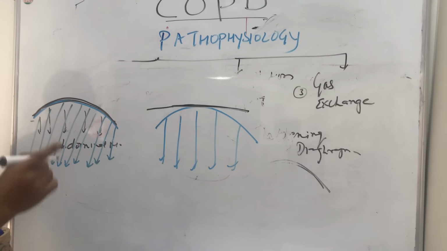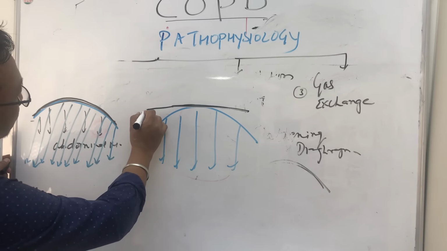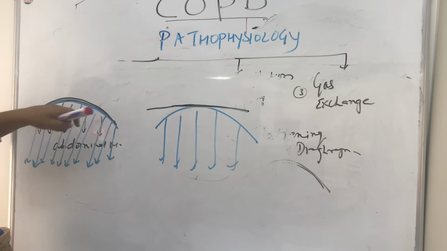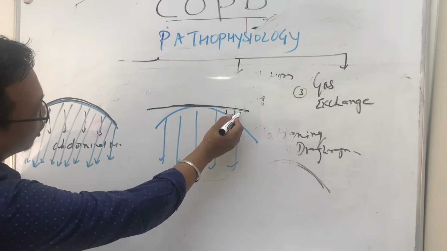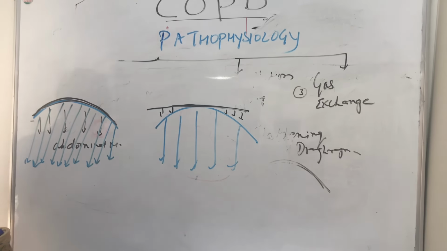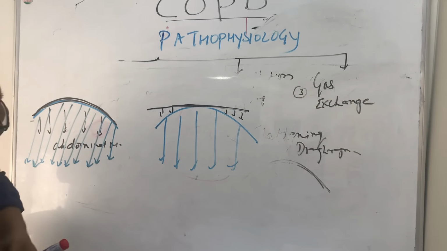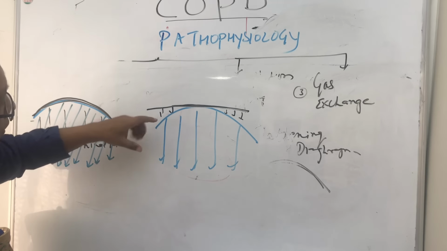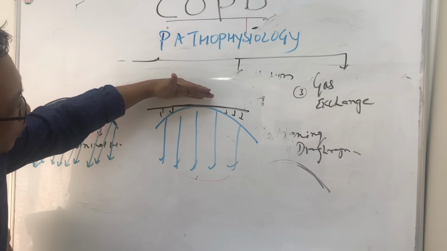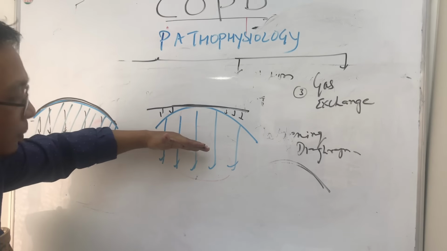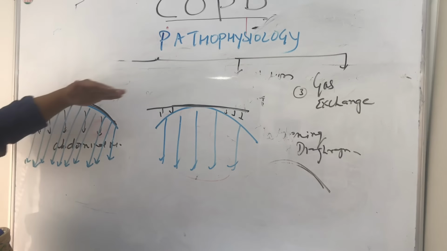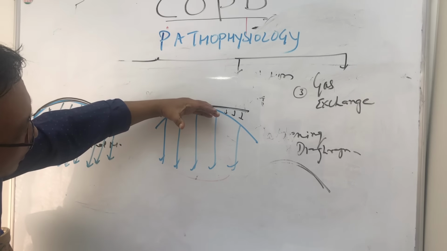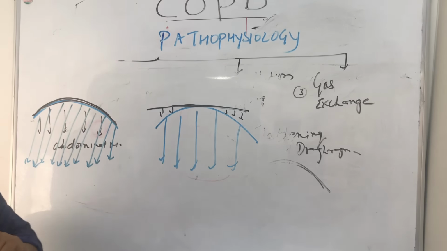So instead of a curve, the diaphragm is flat. You can see that if there is a flattened diaphragm, there is less apposition, less contact with the abdominal muscles. Because of less contact, the diaphragm cannot push the abdomen effectively in comparison to this picture, so it cannot push these abdominal muscles effectively in inspiration.